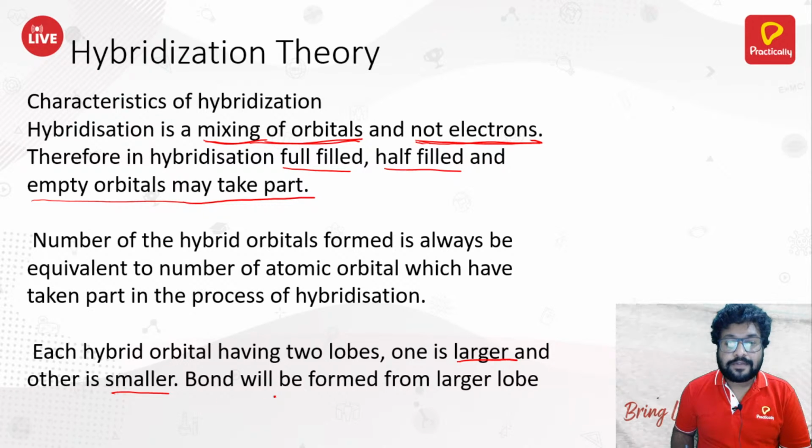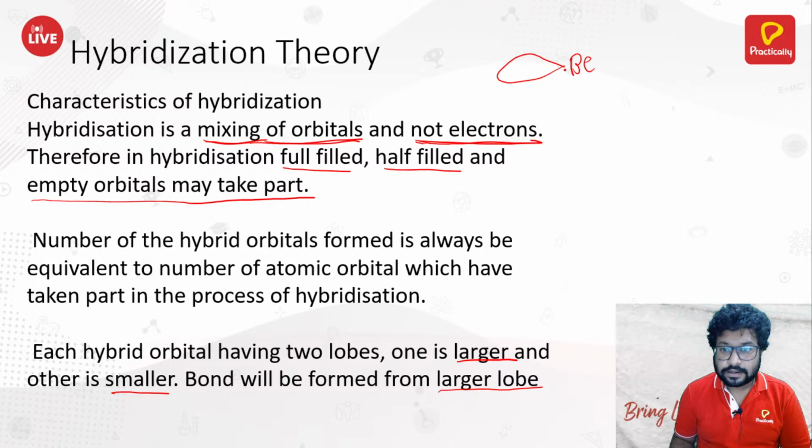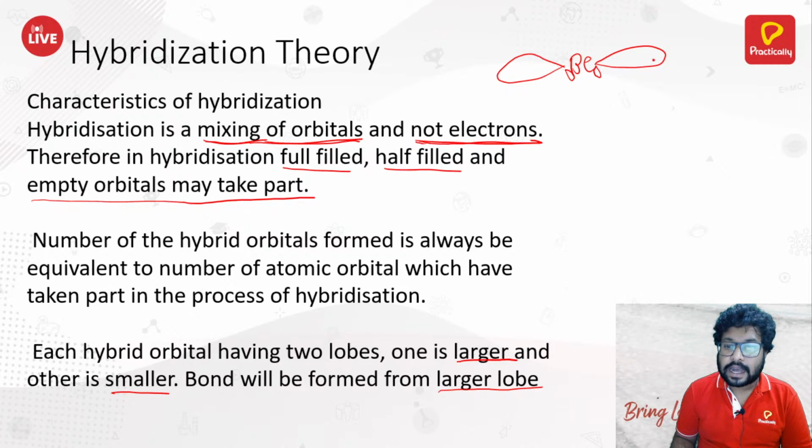The bond will be formed from the larger lobe. Beryllium produces sp orbitals, which give one larger and another smaller lobe. Only the larger one will be combining, not the smaller. I'll tell you that as we move ahead.